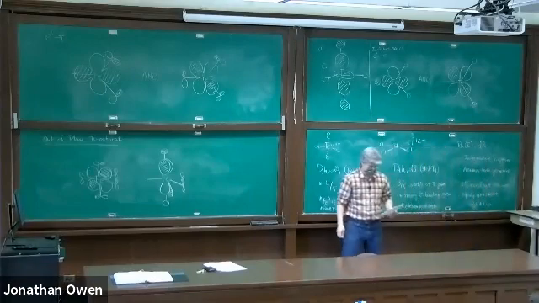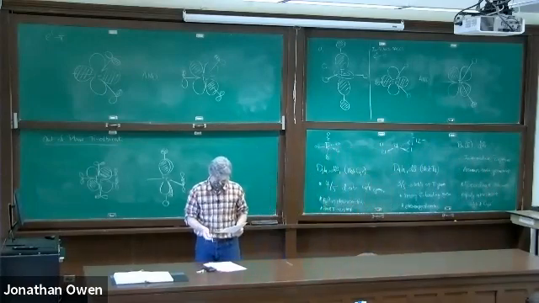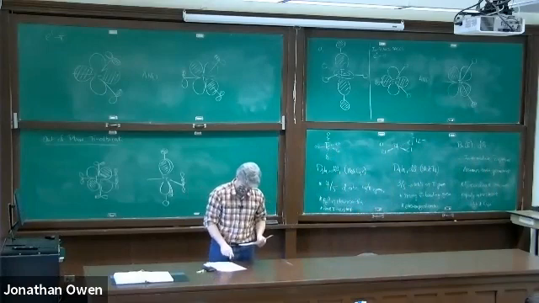Between the D3h and C4v, or probably I should have written trigonal bipyramidal and square pyramidal forms.